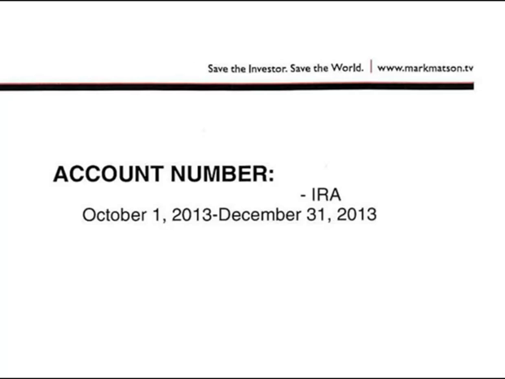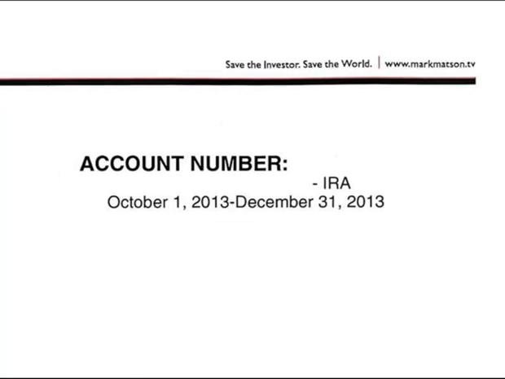So this is where you look to see what type of account we're actually looking at. And then the key thing is the date below that, which shows the quarter that we're reporting on. For this example, we're reporting on October 1st, 2013 through December 31st, 2013.